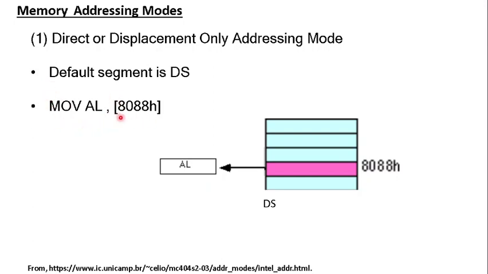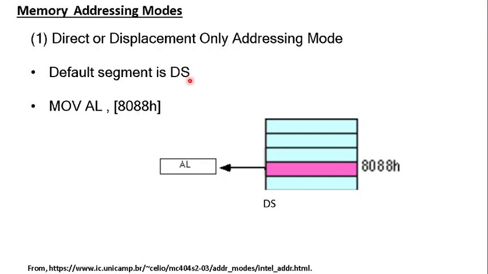Here the source operand is a direct or displacement operand. It means that the operand or the byte of interest is located at 8088 displacement from the start of the data segment. Note that in the displacement or direct addressing scheme, the default segment is always the data segment, because that is where most of the data or operands are stored.